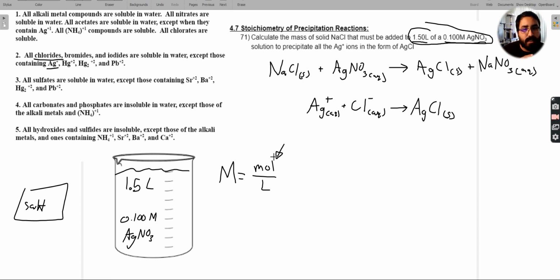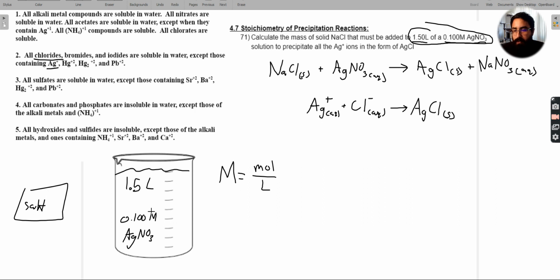The moles tells us the amount of particles that are in there. So if we know the moles of Ag, we can determine how much Cl we need. And if we can determine how much Cl we need, we can determine how much NaCl we need. So that seems to be the thought process here, the guidelines that we're going to use.